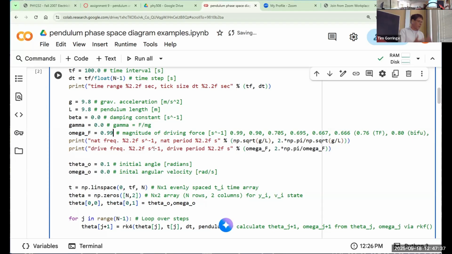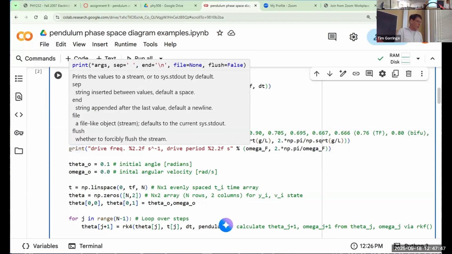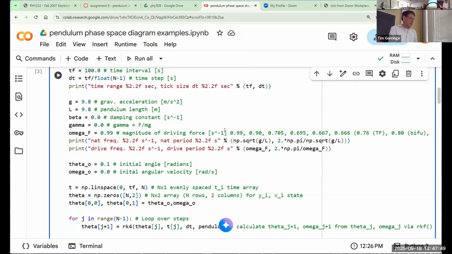But right now, as you see, because beta and gamma are 0, there will be no driving term. I'm going to print out, just for reference for us, what the driving frequency and the natural frequency are, because a lot of this is going to be about comparing those two, so that we can see just what the numbers are. So that's the printout there.